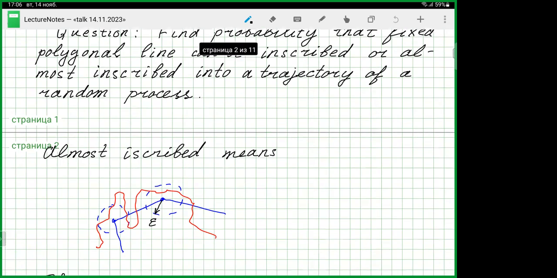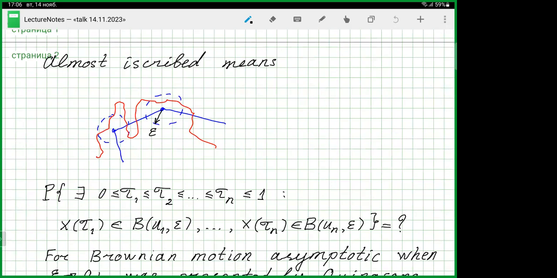Okay, and what is the question? Suppose we have a random process X in dimension 3 or 2.